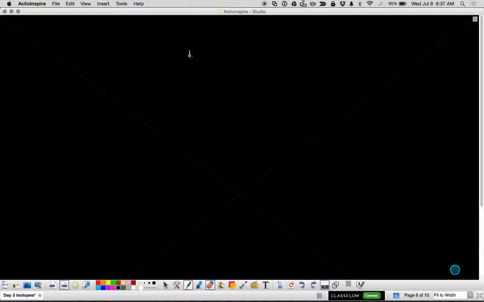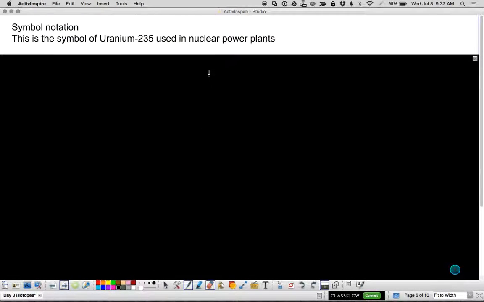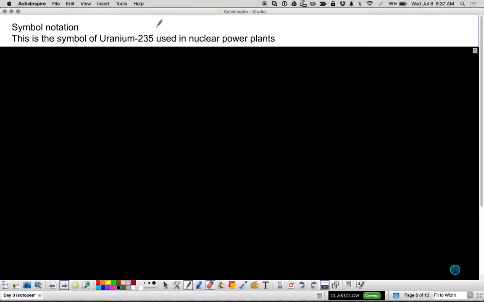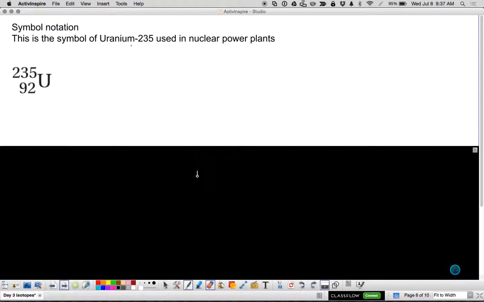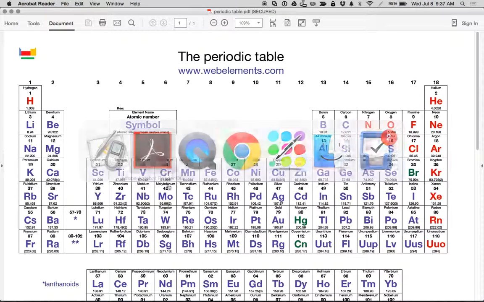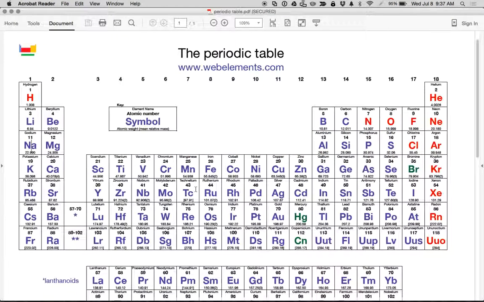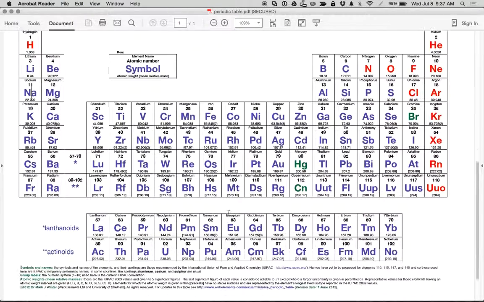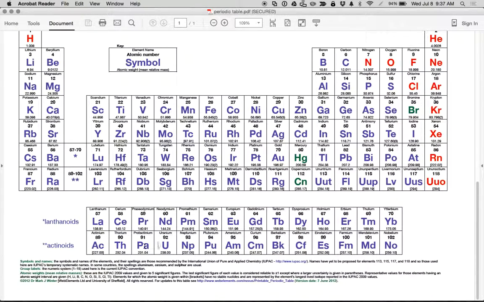Well, what about symbol notation? All right. So uranium-235 is used in nuclear power plants. That's the fuel for nuclear power. And there is its symbol notation. Okay. So let's use the periodic table and see if we can figure some stuff out. Well, uranium isn't up here, it's actually down in the bottom. It's in the actinoids. Ah, look.